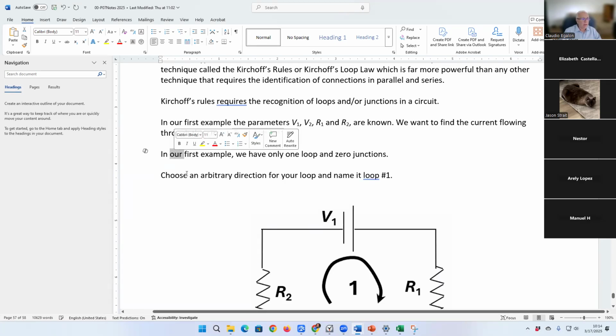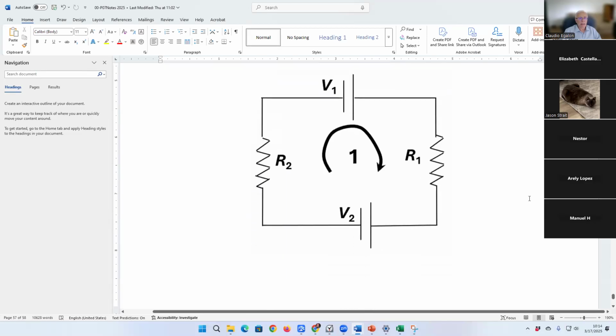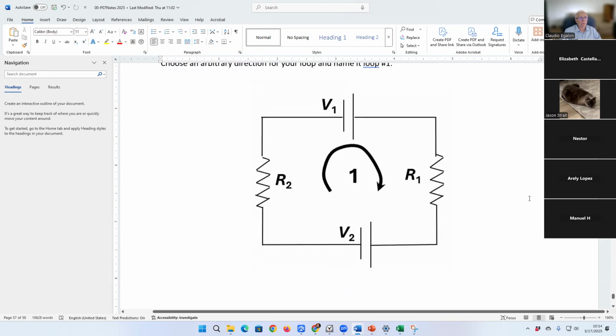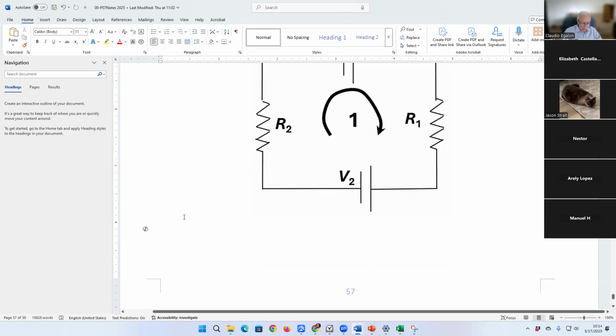In this example, we have only one loop and zero junctions. Choose an arbitrary direction for your loop and name it loop number 1, just like I did. And now once you see this naming, you can start solving the problem.